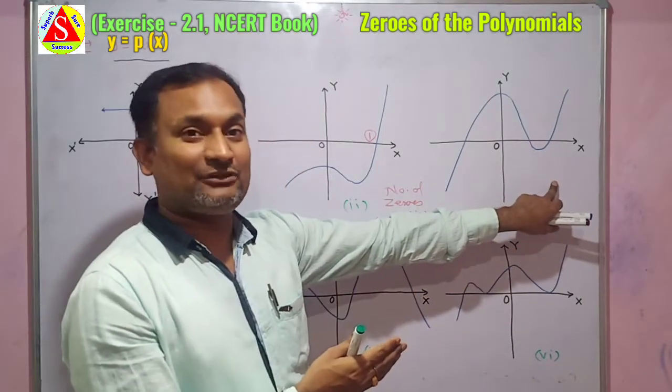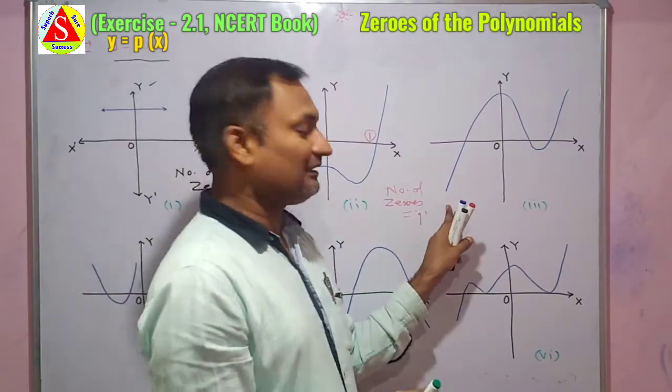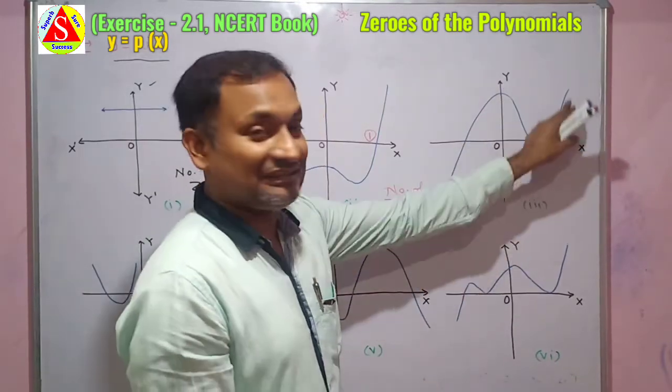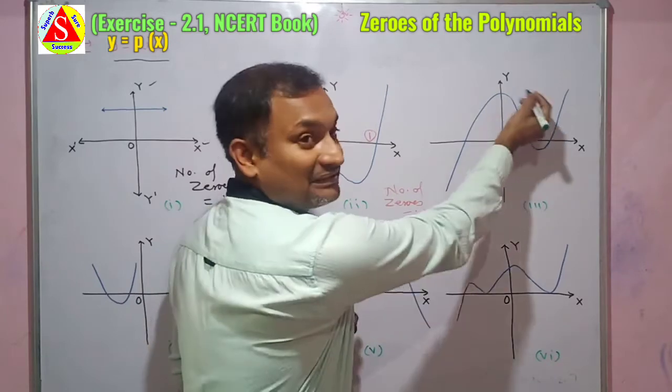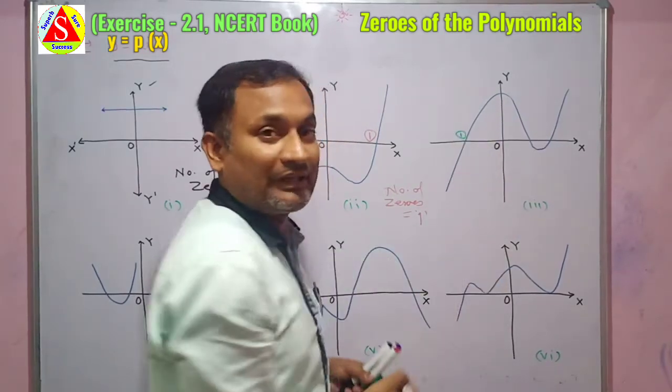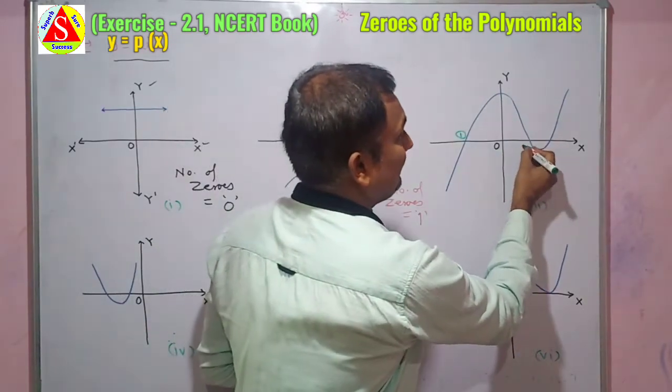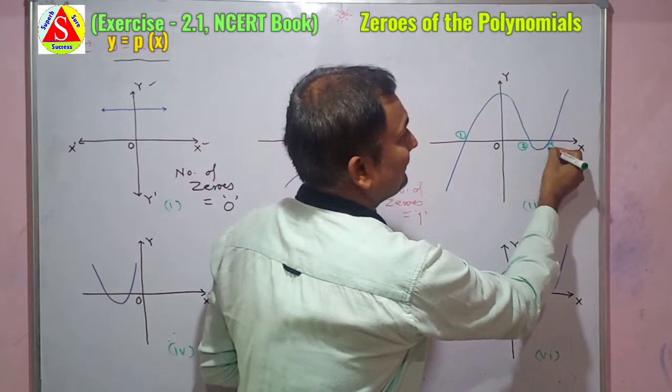Similarly, let's see the third graph of the question. So here just see the graph, here this graph intersects the x-axis first time here, then here second time, and here third time.